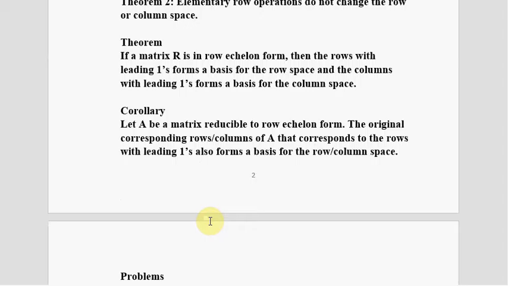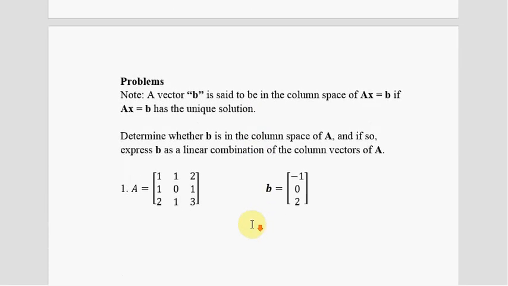So you can take either the original matrix rows for the basis, or the reduced echelon form for those rows. Doesn't matter. Still a basis. Okay. So now let's look at some problems here.